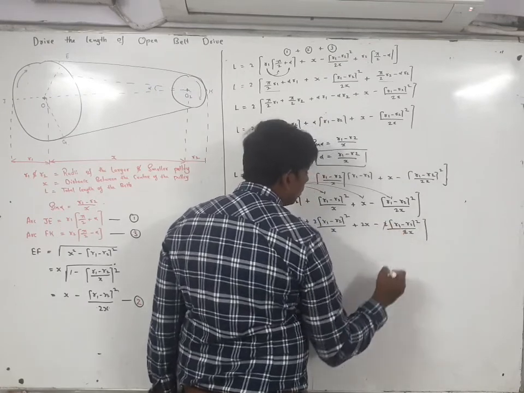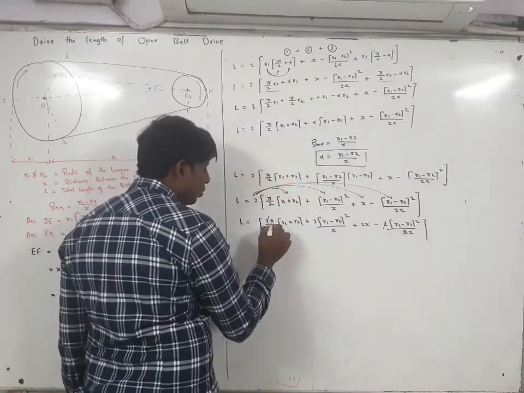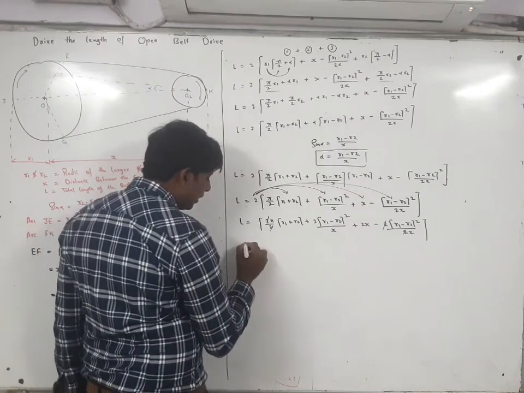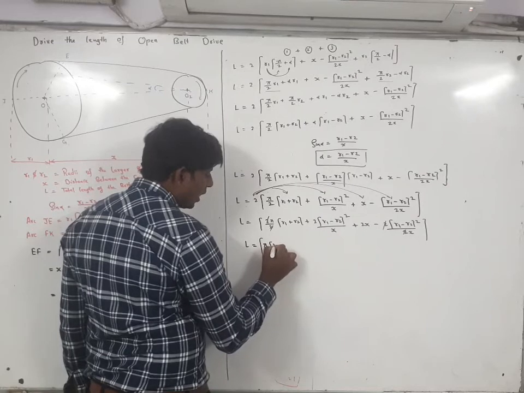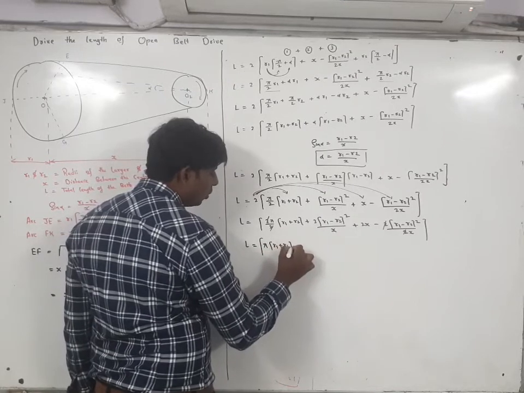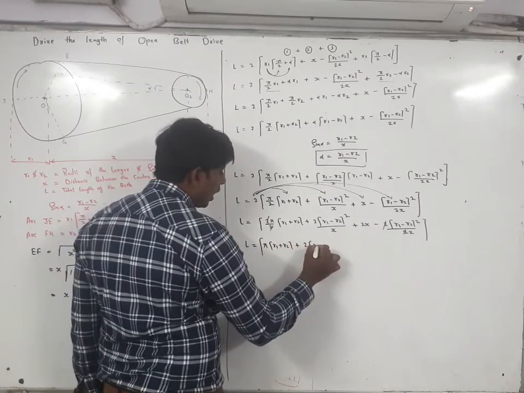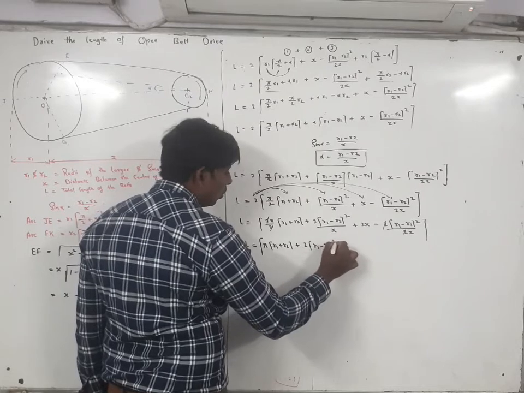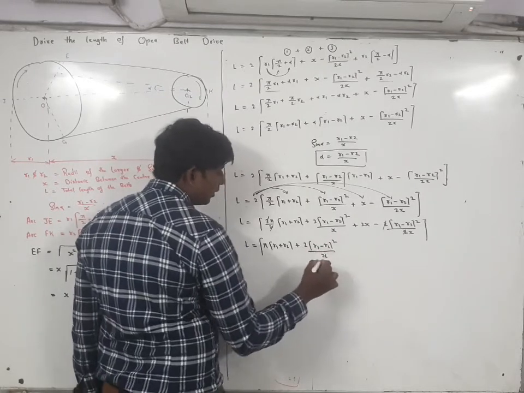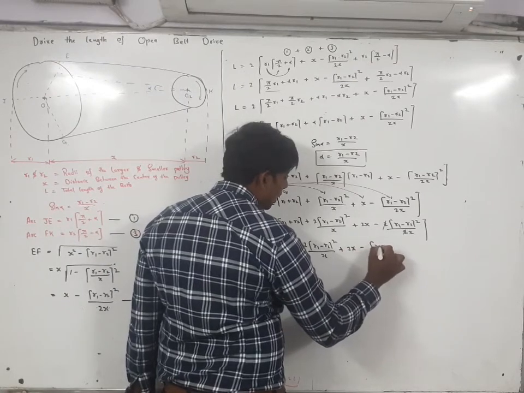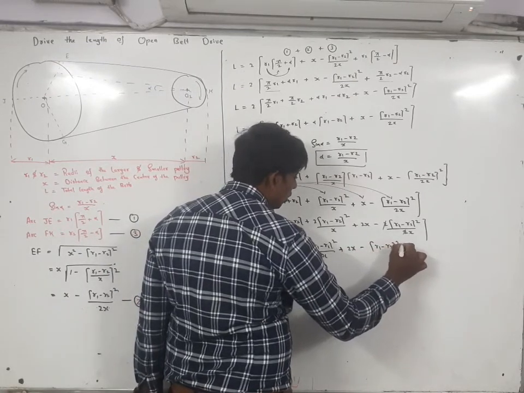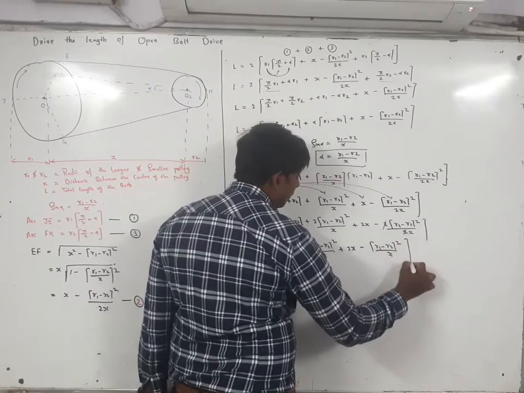This 2 will get cancelled. Then L is equal to pi (R1 plus R2) plus 2 into (R1 minus R2) whole square by x. Write down here, plus this is 2x minus (R1 minus R2) whole square by x. This one as it is.